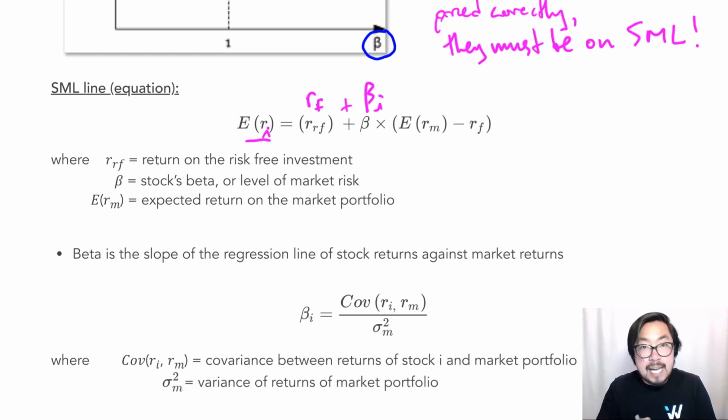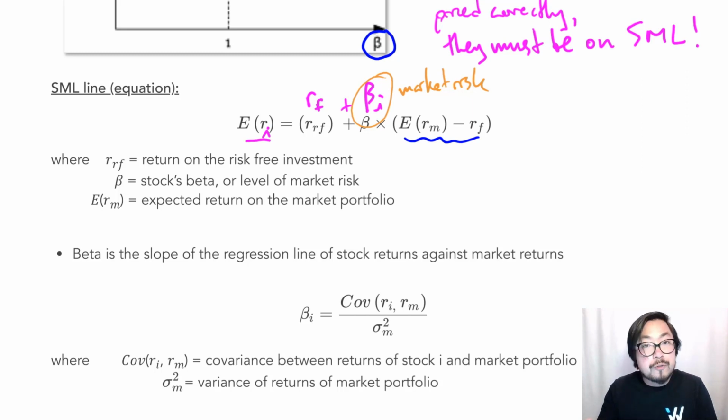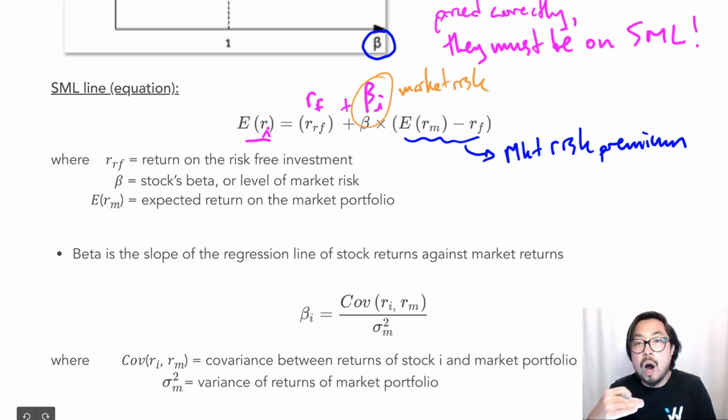Any risk that's diversifiable away is not compensated for. So this beta represents market risk. And beta is multiplied by the difference between the expected return of the market portfolio and the risk-free asset. And sometimes this is called the market risk premium. The premium that the market portfolio pays on top of the risk-free asset.